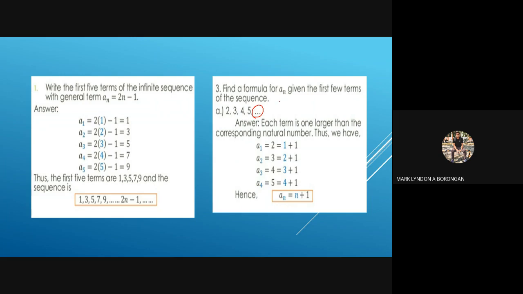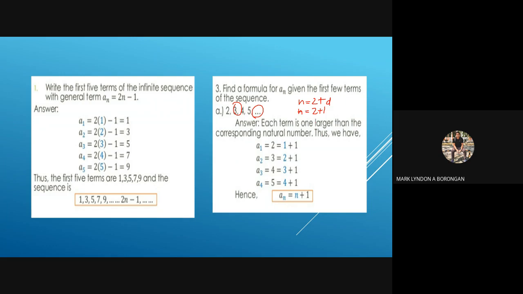So we can see that the common difference is 1. Let's say for example our value is n which is equal to 2, right? And the common difference is 1. So that will be n is equal to 2 plus 1, right? So that gives the next term.